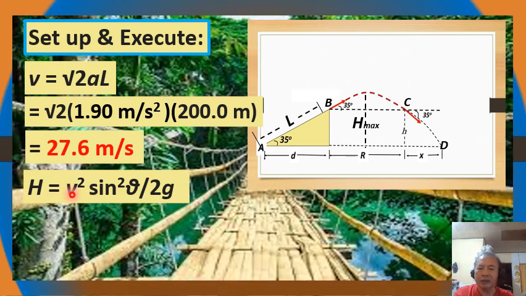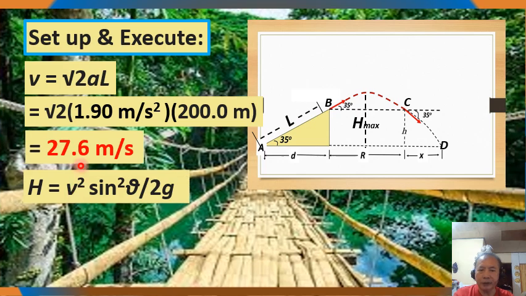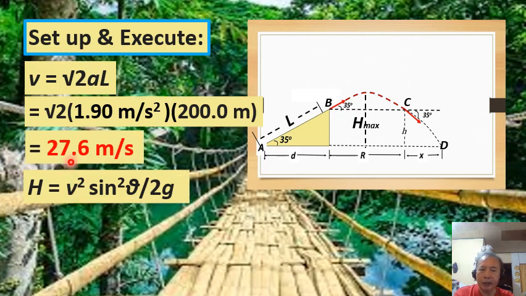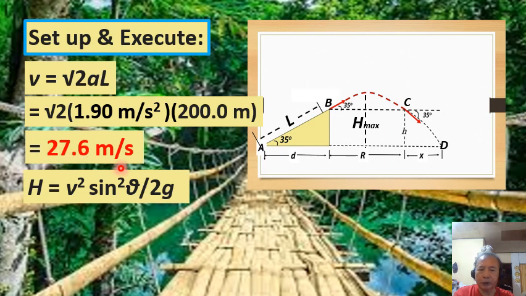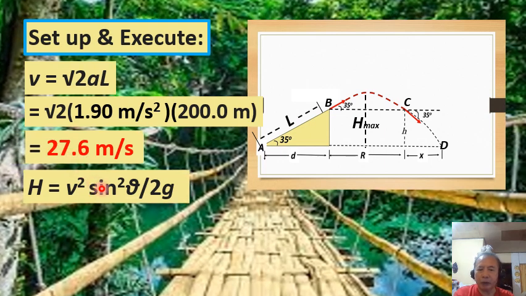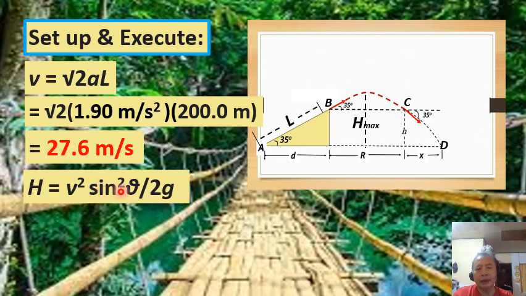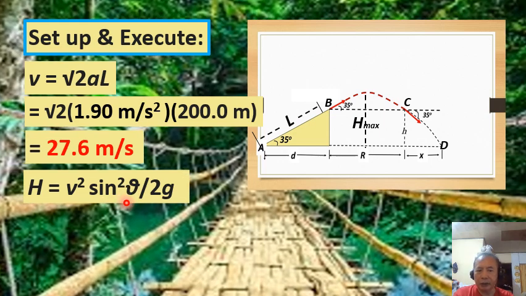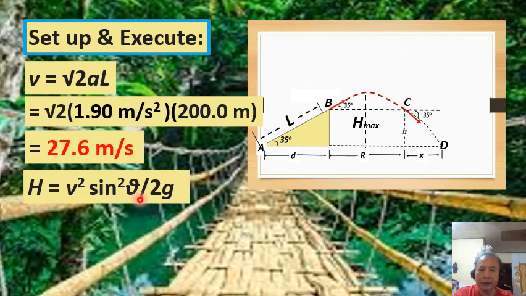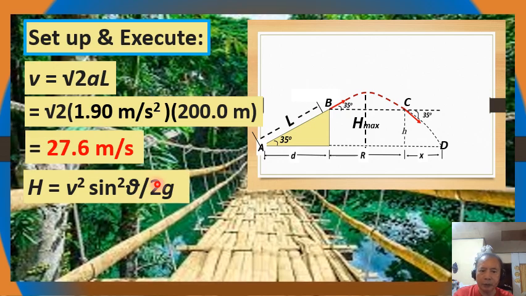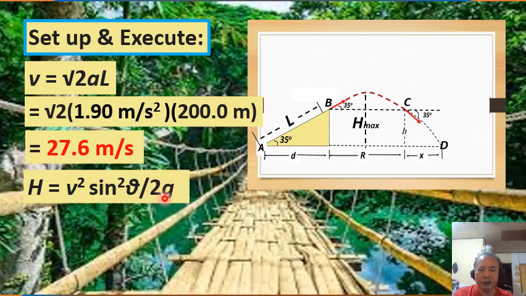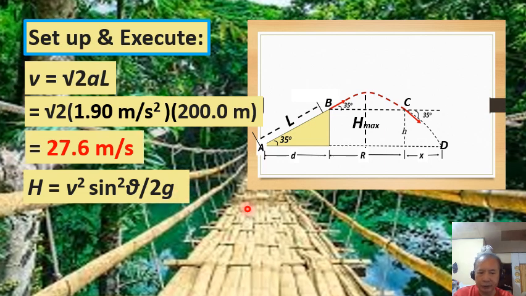This is the initial velocity, which you just computed earlier, 27.6 meters per second. That will be squared, and then multiplied by the square of the sine value of the angle theta, or 35.0 degrees, and then divided by twice the acceleration due to gravity.